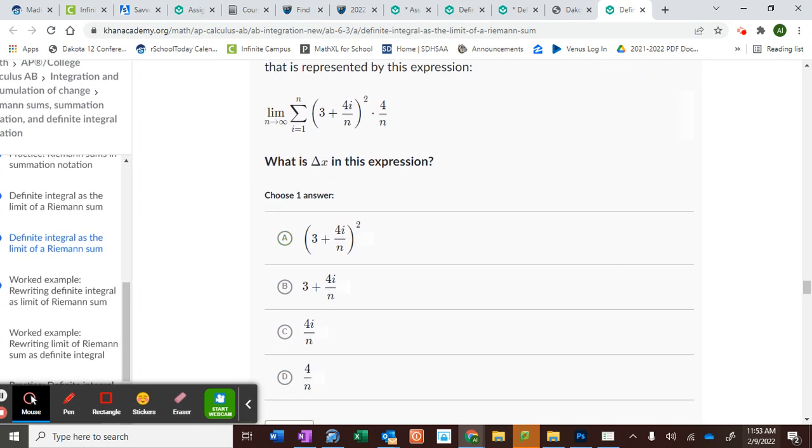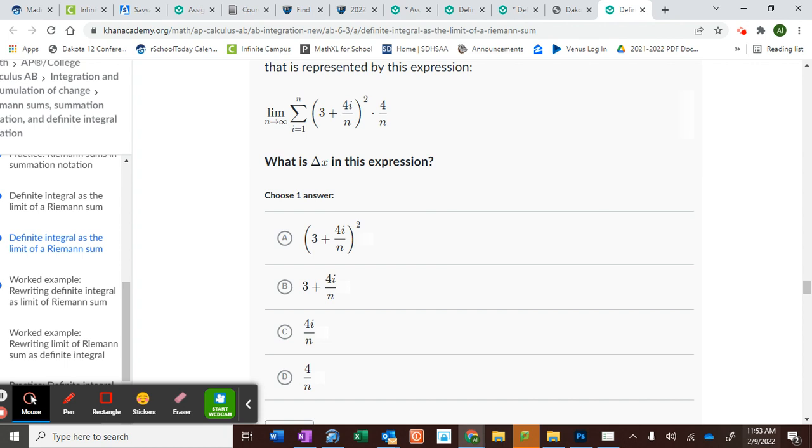Okay, now this, we're working backwards. So what does this represent as far as down here? 4. So dx equals 4 over n.